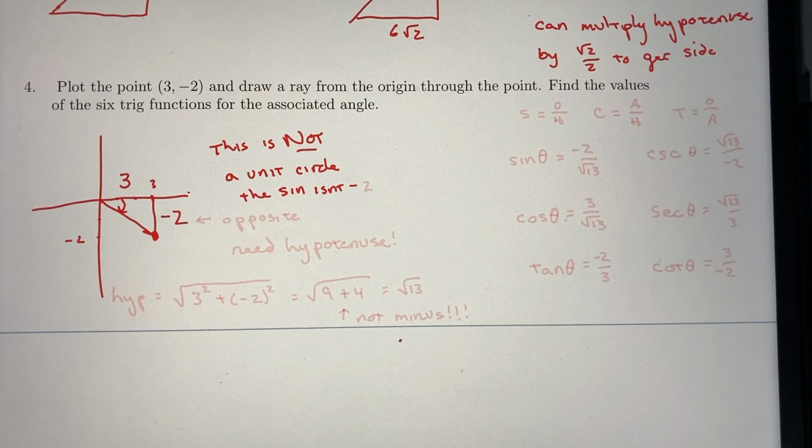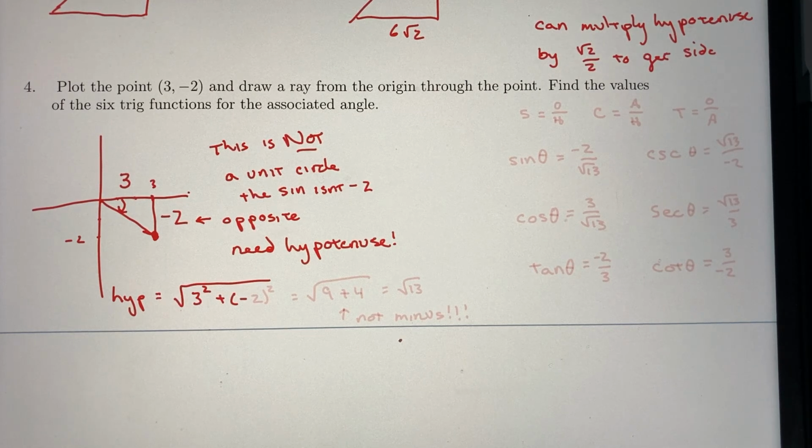The sine isn't just negative 2, that's just the opposite. How do you get the hypotenuse? Pythagorean theorem. We're looking for the hypotenuse, so we'll add.